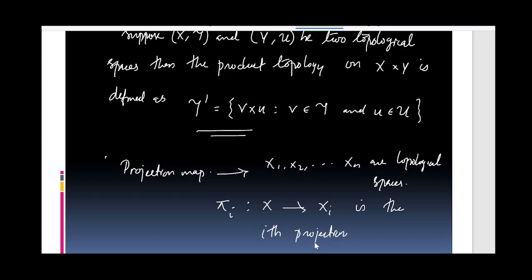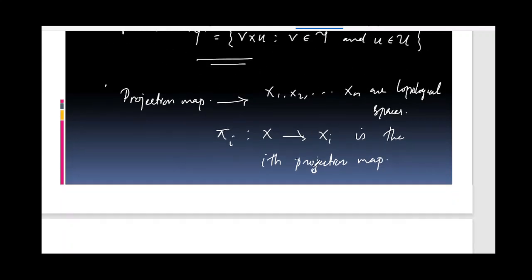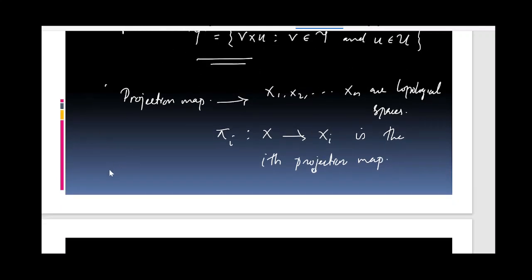So the first projection map is pi 1 from X to X1, pi 2 from X to X2, like that. So pi i from X to Xi means you are projecting onto one coordinate. This is called the projection map.